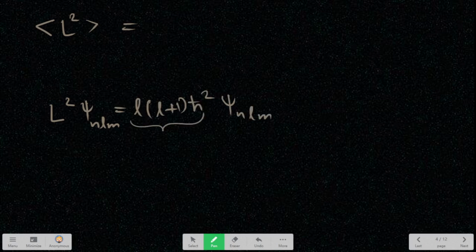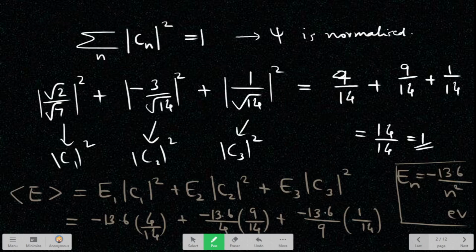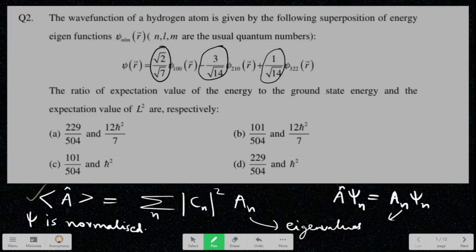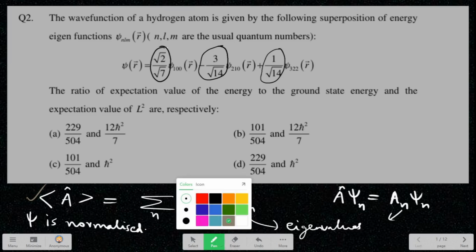So this is the eigenvalue of L square, and it is decided by L. So C1 mod square is 2 by 7 times the eigenvalue from the first term. In the first term L is 0, in the second term L is 1, and in the third term L is equal to 2.